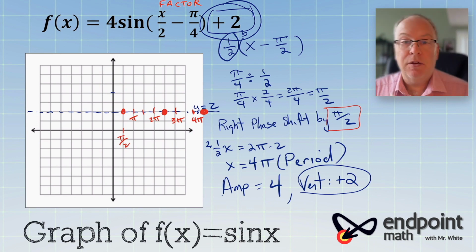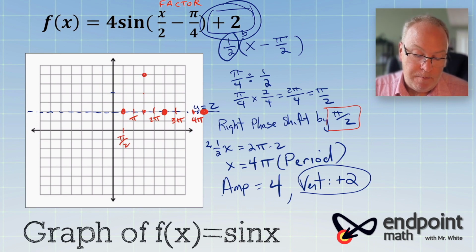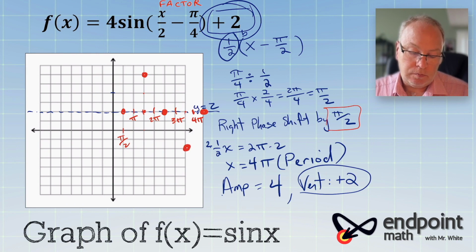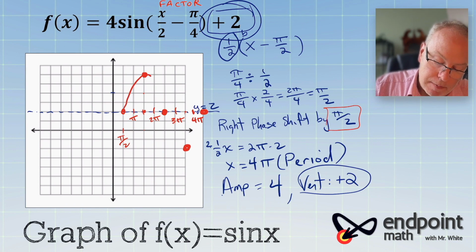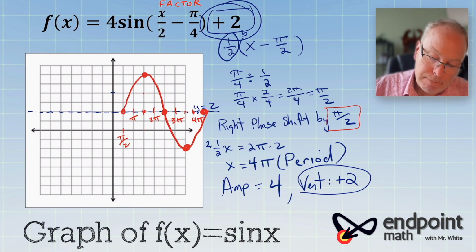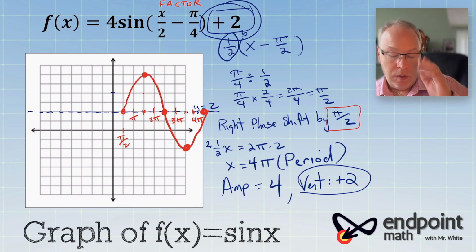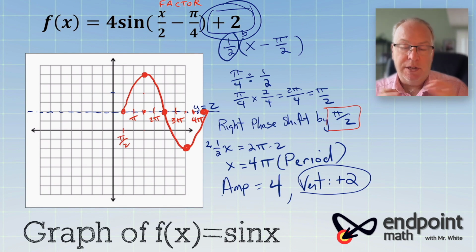Then this thing goes up 4, down 4. So in the middle, I'm going to go up 4 and down 4. I'm sorry, over here I'm going to go down 4. And I can draw in my graph right there. All right, so it was stretched out, it was slow, it was half as fast.